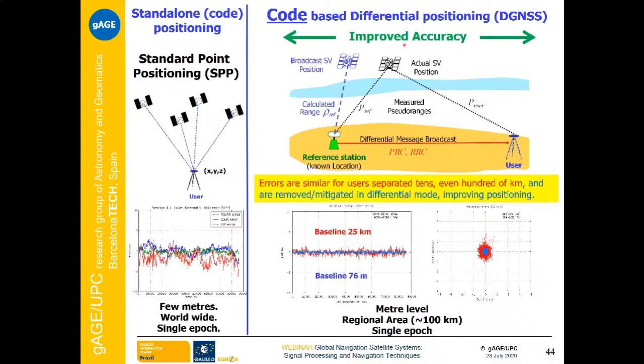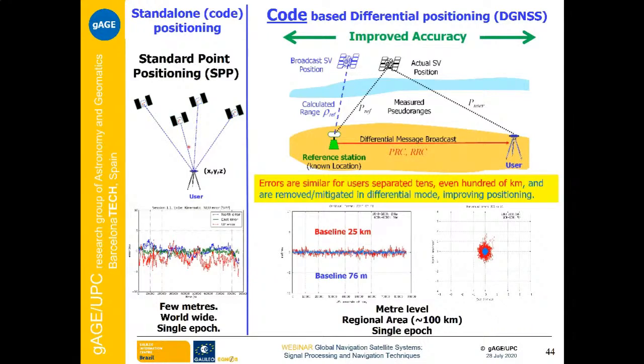The idea in code-based positioning, and everywhere in differential positioning, is that errors are similar for users separated tens, even hundreds of kilometers, and these are removed or mitigated in differential mode, improving positioning.